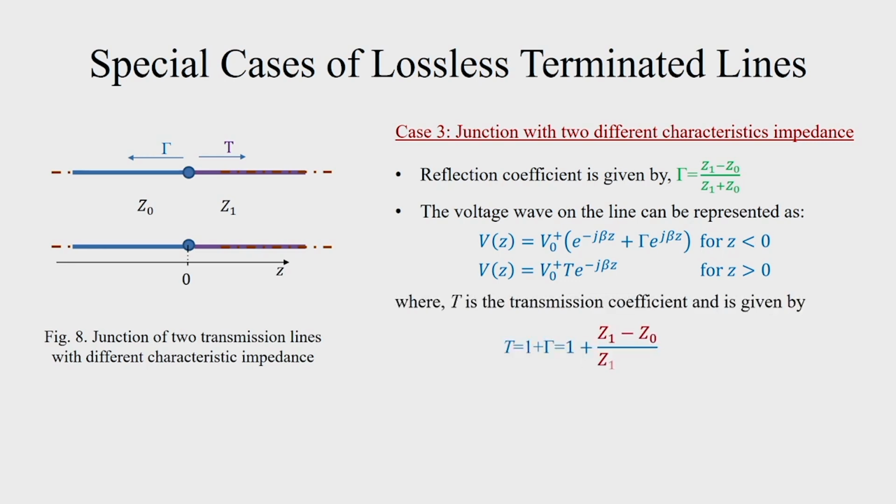And if we consider the fact that the voltages at the two sides of this junction have to be the same, that means at z is equal to 0, then we will get 1 plus gamma will be equal to T, and if we substitute the expression for gamma, in that case we get T is equal to 2 Z1 divided by Z1 plus Z0.